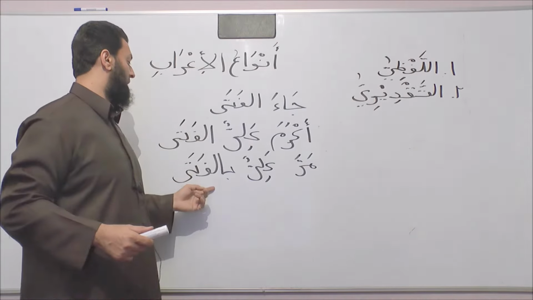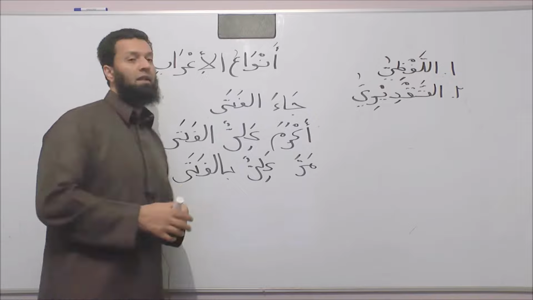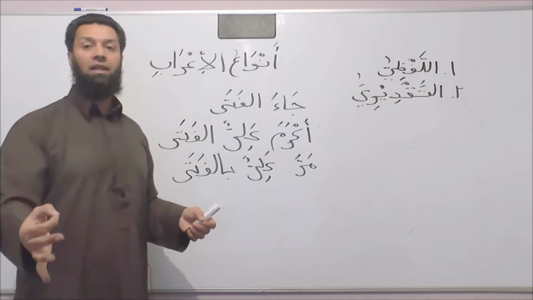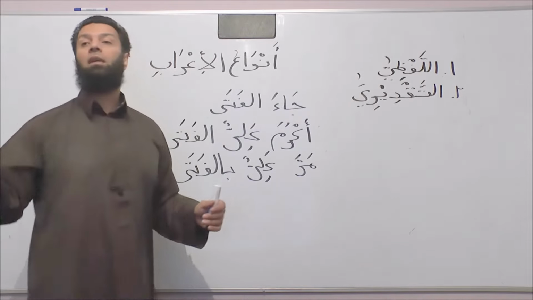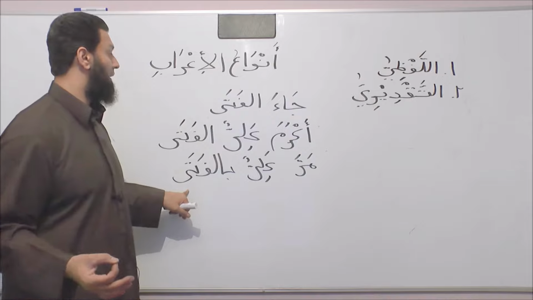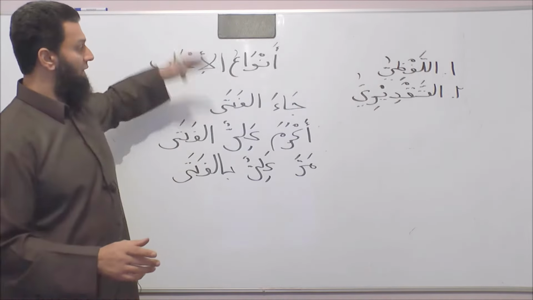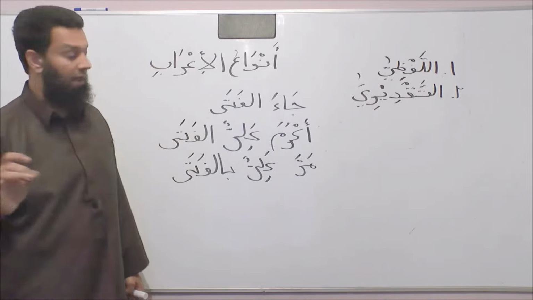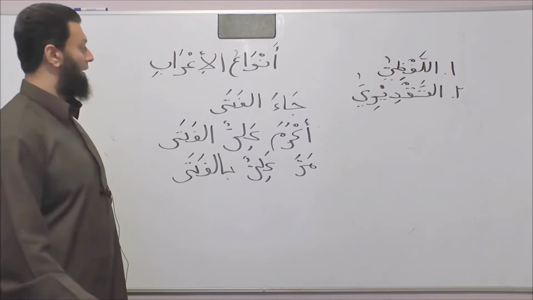So we say that bi harfu jarrin al-fatha ismun majrurun wa alamatu jarrihi al-kasratu al-muqaddaratu fi akhirihi. It's assumed to be there. Right? So that is the second type of i'rabun, where it is assumed to be there.